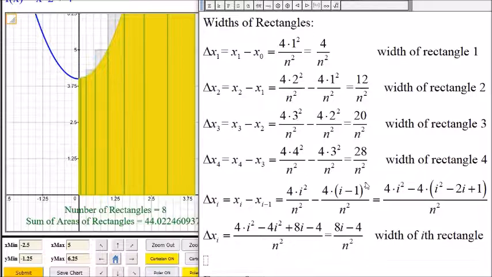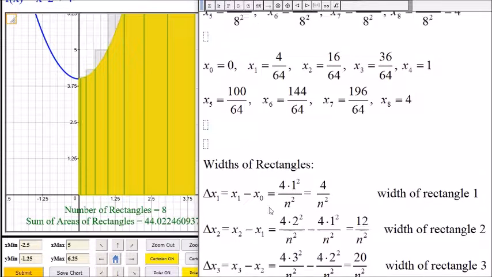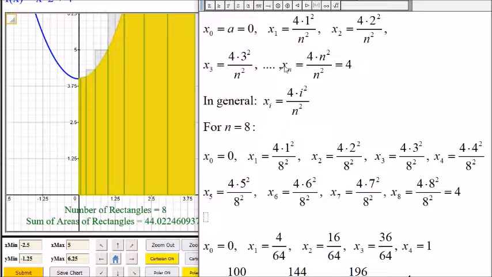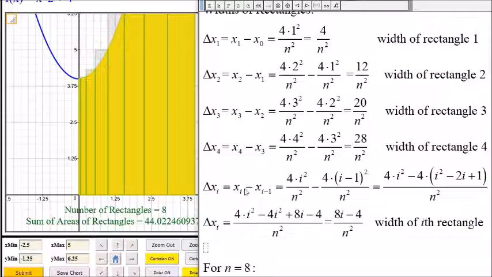And now let's get a general formula for the width of the ith rectangle. The width of the ith rectangle would be x of i minus x of i minus 1. And since we chose this pattern, x of i is 4i squared over n squared. And x of i minus 1, in the place of i, we just put i minus 1.